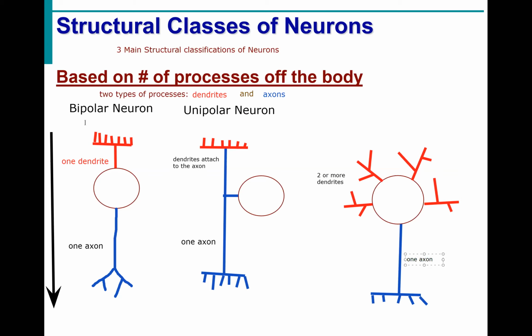This one, bipolar had 2, unipolar has 1. This has more than 2. So this particular one here is what we call a multipolar neuron. Notice this is the one that we have been drawing every time we said a typical neuron.